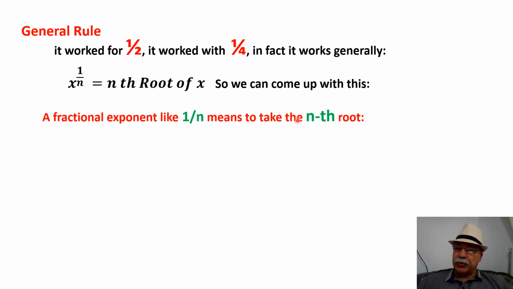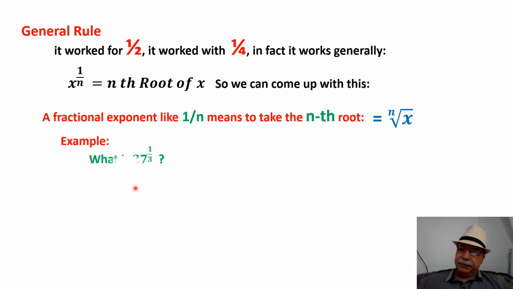So you write it like this: n root for x. Here we don't know which root, which root for the value of x. This is the rule of the fractional exponent.